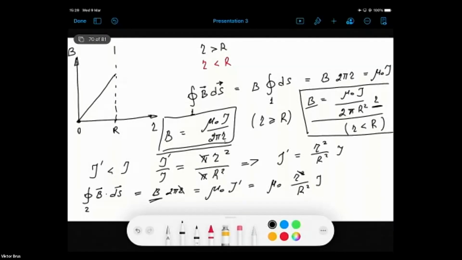So this will look something like this. It will decrease as distance from the center of the wire increases. So here we have magnetic field proportional to R. And here magnetic field is proportional to 1 over R.